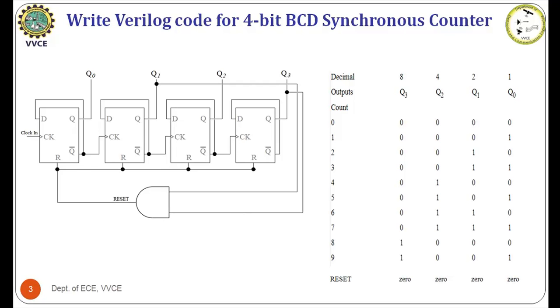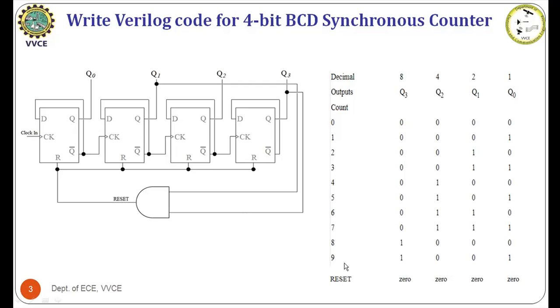So the BCD synchronous counter means the counter will start counting from 0000 to 1001. That means once it finishes the 9th count, that is 1001, for the next count the counter has to reset all the values to 0000.